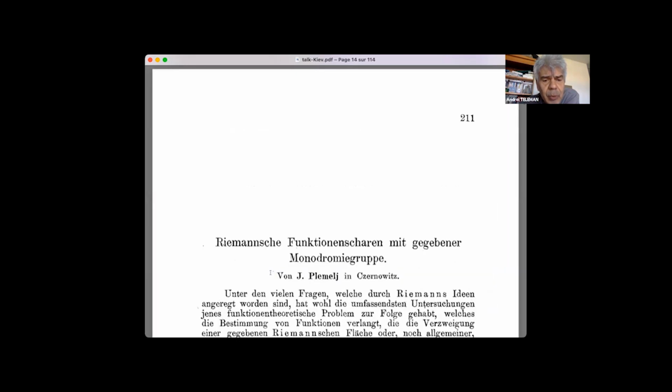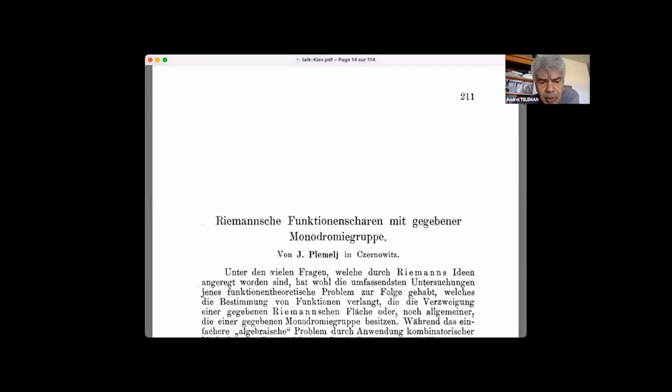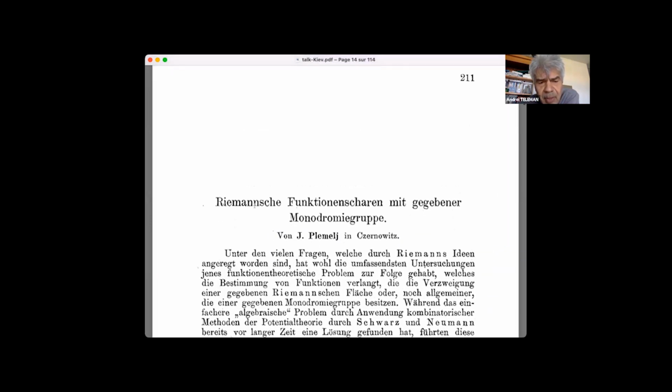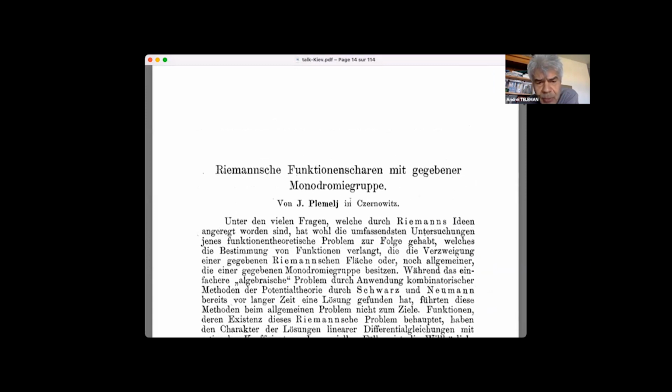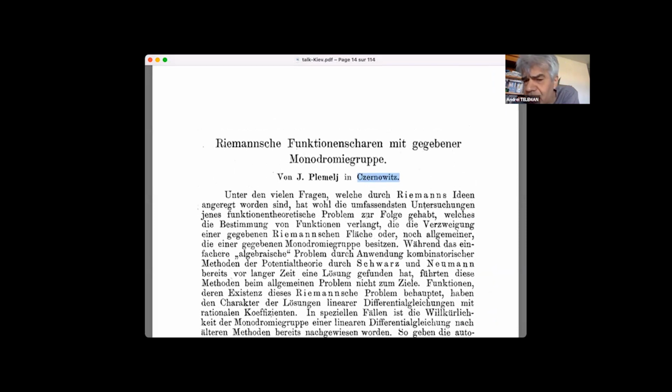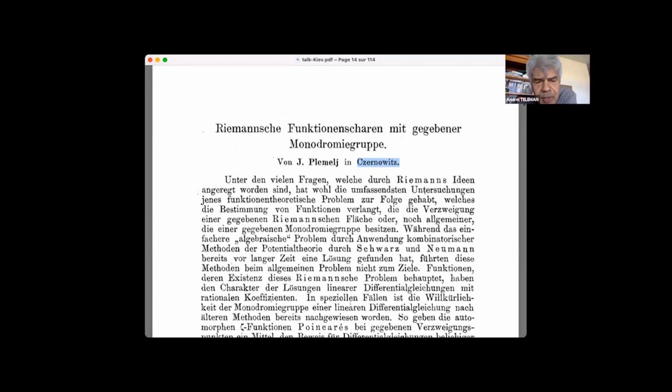And now I come to, I will quote a Slovenian mathematician, but I have a surprise for you. When I read his article, I noticed that he was a professor in Czernowitz. It's an article written in 1908, before Hilbert. It became famous for his contribution to the subject.